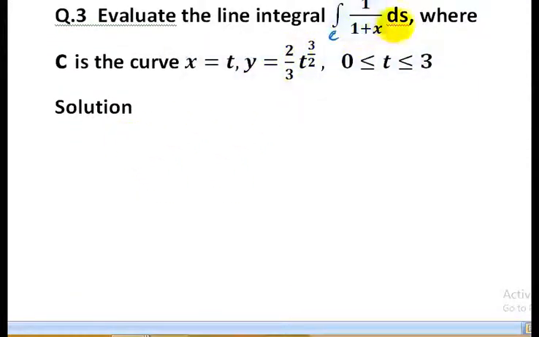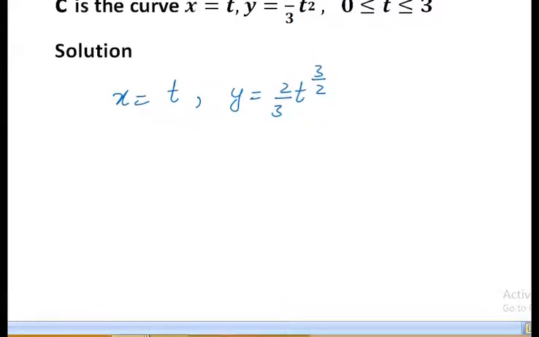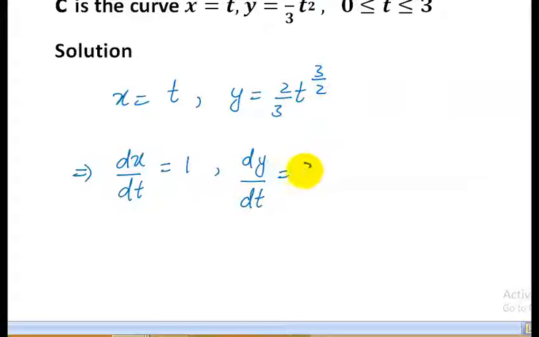First we find ds. Given that x is equal to t and y is equal to 2 by 3 t raised to power 3 by 2, which implies dx upon dt is equal to 1 and dy upon dt is equal to, we use the power rule, so it becomes 2 by 3 times 3 by 2 and t raised to power 3 by 2 minus 1.